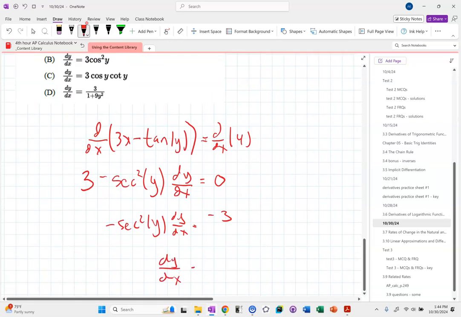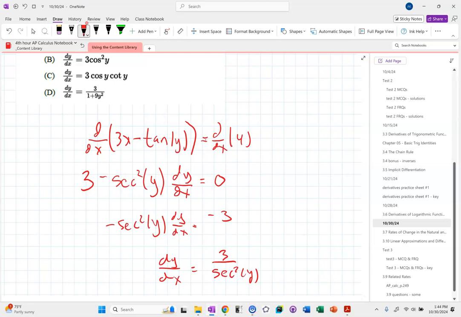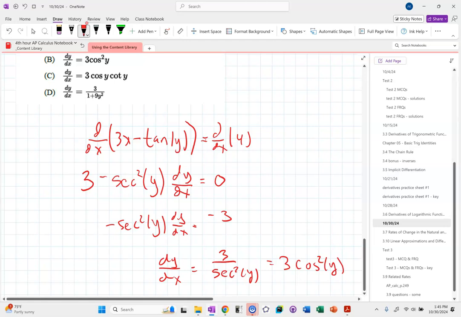The negatives are going to cancel. Now that doesn't match any of my answers here. What's going on? Well, it's because I know that secant is the reciprocal of cosine. So if I have secant in the denominator, it's like having cosine in the numerator. So there we go.